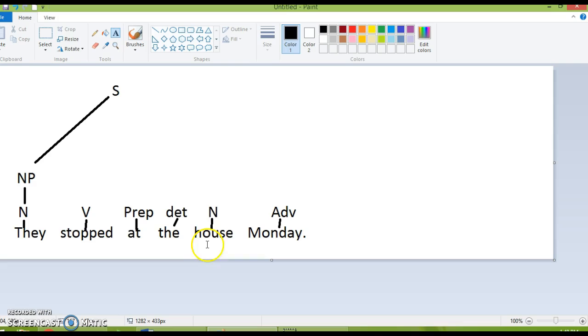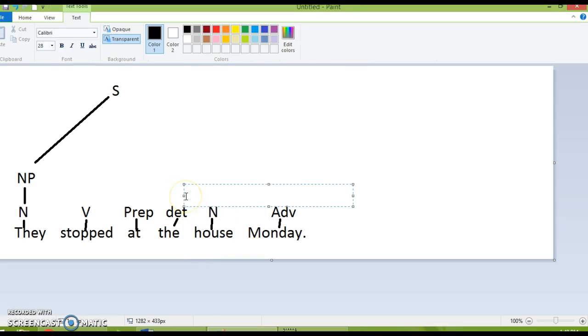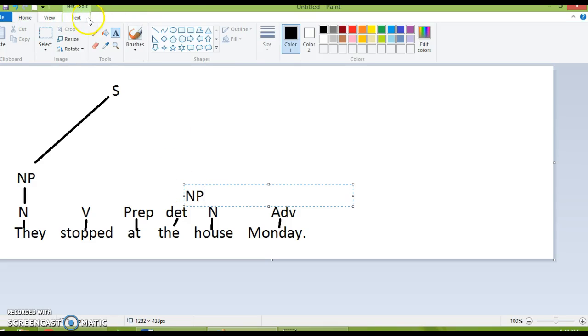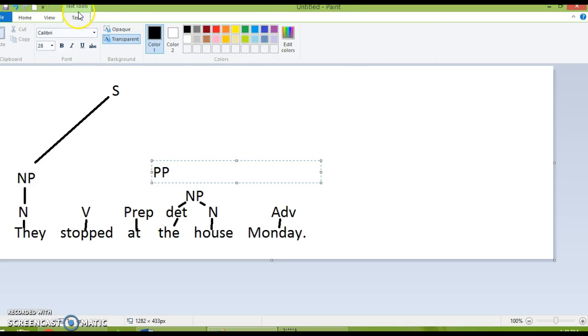So we can see we have a prepositional phrase right here. So we can make our determiner and our noun into a noun phrase. And then we can add our preposition to this noun phrase and make a nice prepositional phrase.